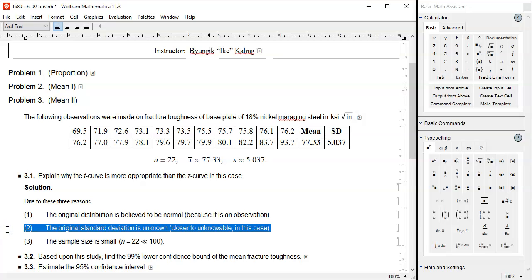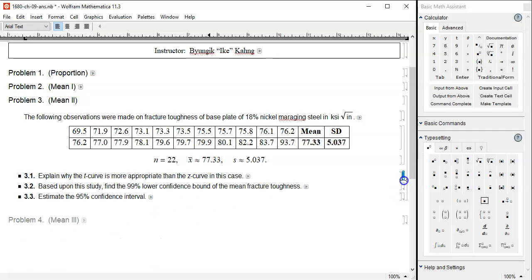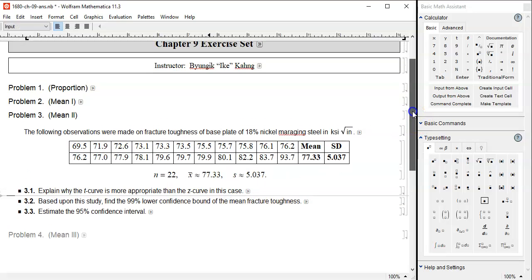The original standard deviation is unknown versus it is known. That's something we are going to discuss in problem 4, an optional problem. For most of the students, you don't have to worry too much about problem number 4. Anyway, the first problem is done, and that was the hardest problem. The other 2 are going to be better because they are more or less algorithmic.